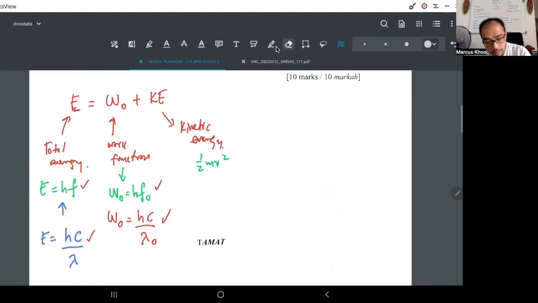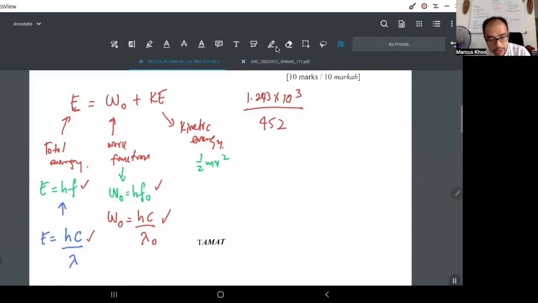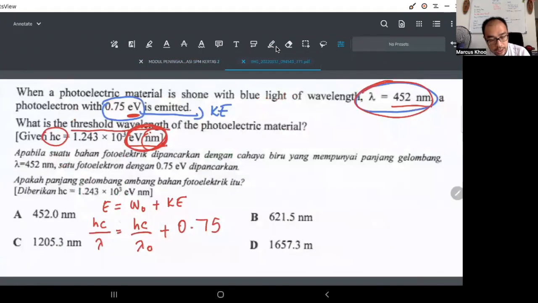1.243 times 10 to the power of 3 over 452, over lambda. I don't have to change the nanometer to meter because my hc is already in nanometers. So don't make my life difficult. Equals hc over threshold wavelength, which we want to find.